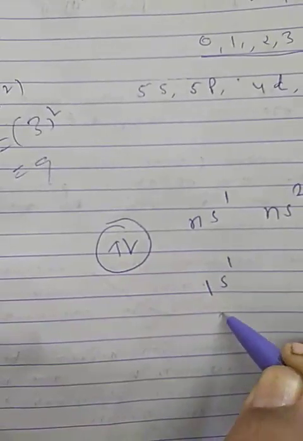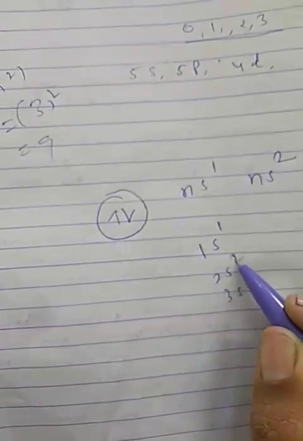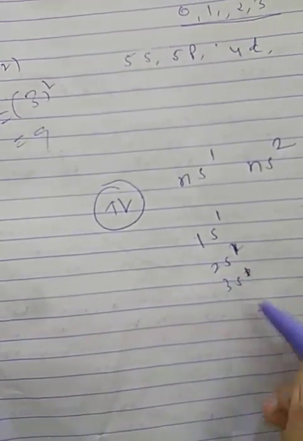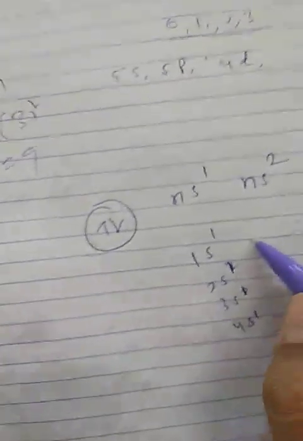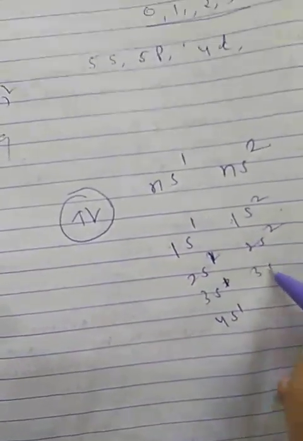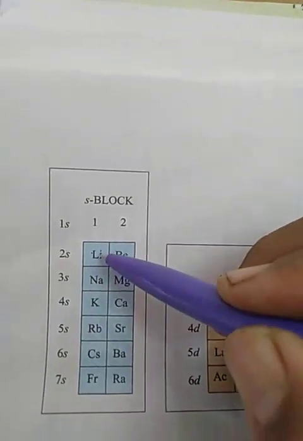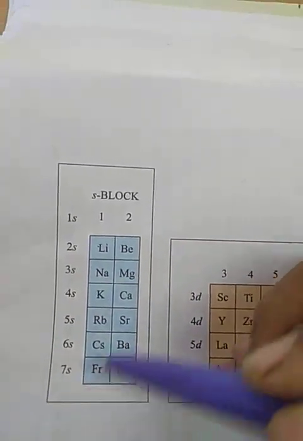Outermost orbit is having 1s1, 2s1, 3s1, 4s1. Like that, here also outermost orbit 1s2, 2s2, 3s2, 4s2, 5s2, like that. 1s1, 1s2. So this one is first, this one is second. So these are called s block distribution.